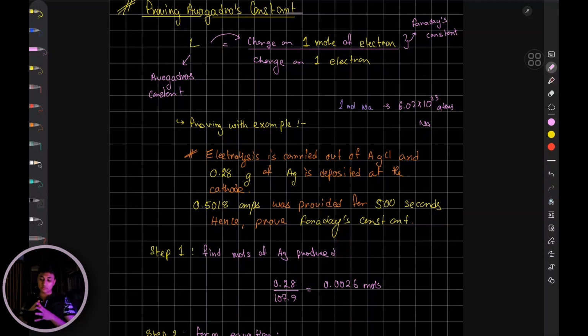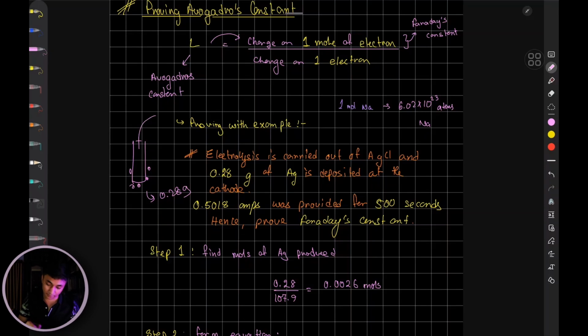So the question is telling you electrolysis is being carried out of silver chloride and 0.28 grams of silver is being deposited at the cathode. So at the cathode, how many grams of silver is being deposited? It was measured to be 0.28 grams. Fair enough.